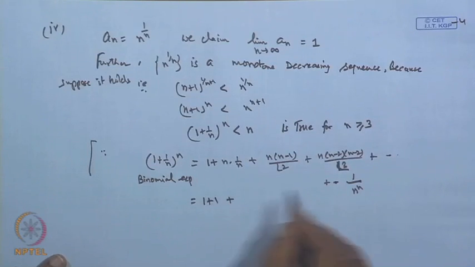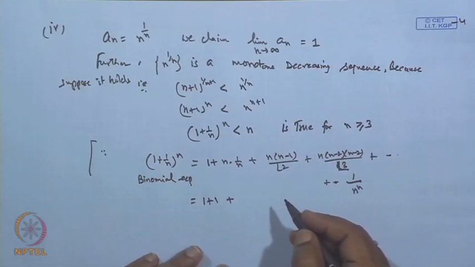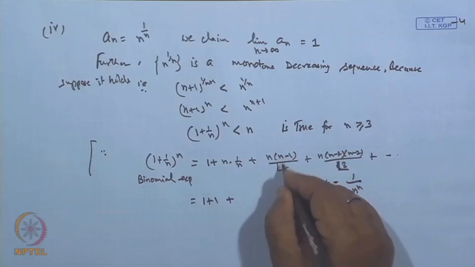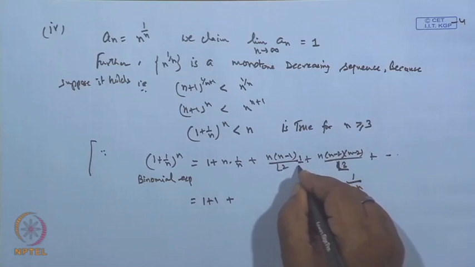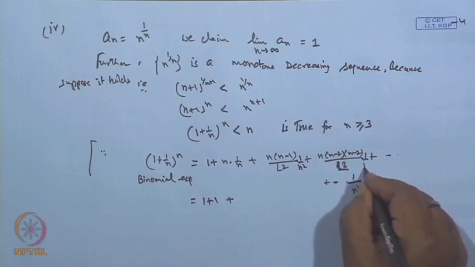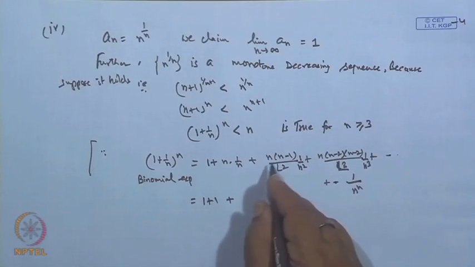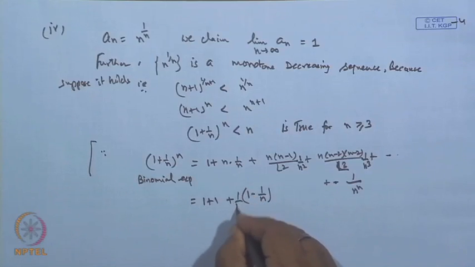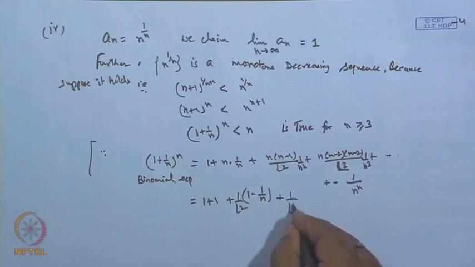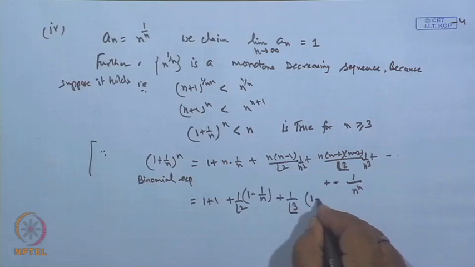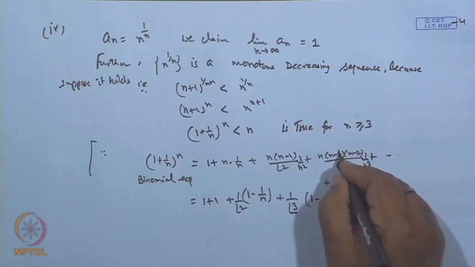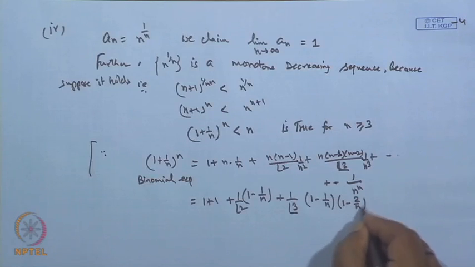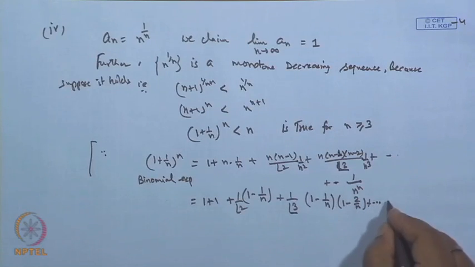Now, this will be equal to 1 plus 1 plus the term with 1 by n square, n into n minus 1 over factorial 2 times x square, so 1 by x square, this is 1 by n cube and so on. So, n gets cancelled, and we get 1 minus 1 by n over factorial 2, then 1 by factorial 3 times 1 minus 1 by n times 1 minus 2 by n, and like this and so on.